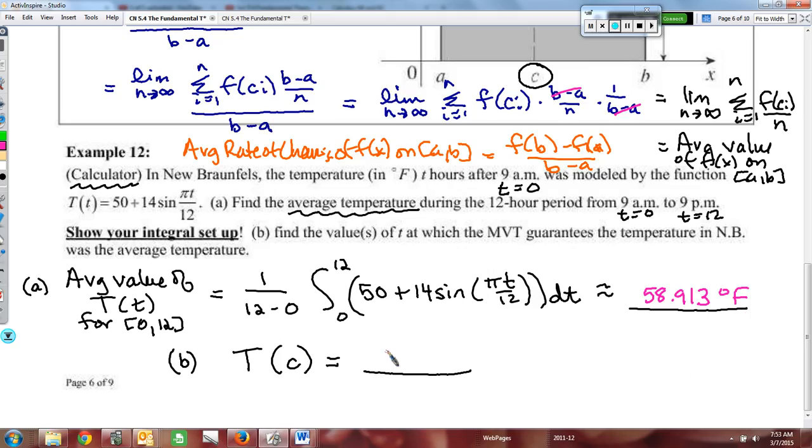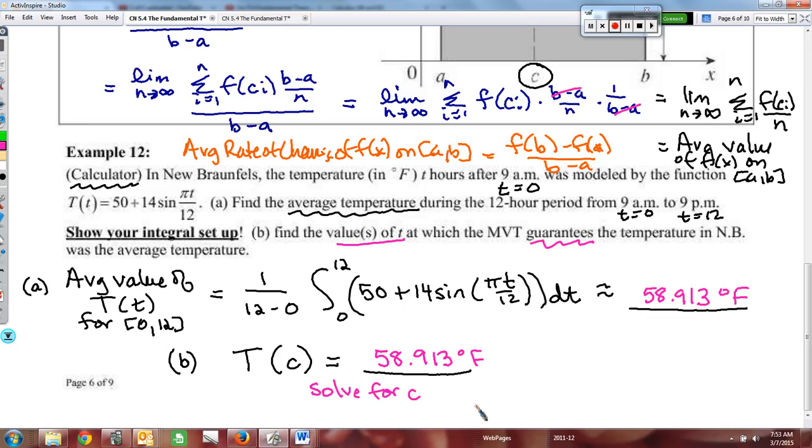So now I'm going to take my function and set it equal to this 58.913 degrees Fahrenheit, and I'm going to solve for c. And that will find the value of t that is guaranteed by the mean value theorem. Notice that this is a little different than what we did for derivatives.